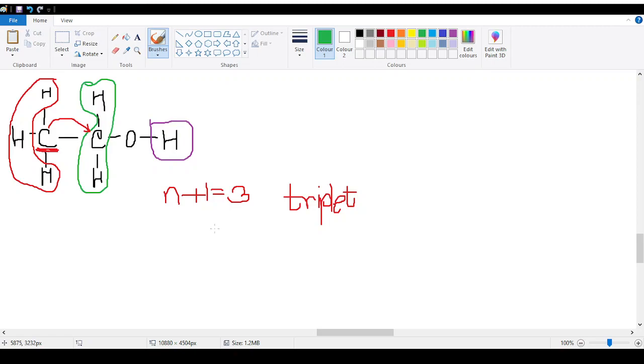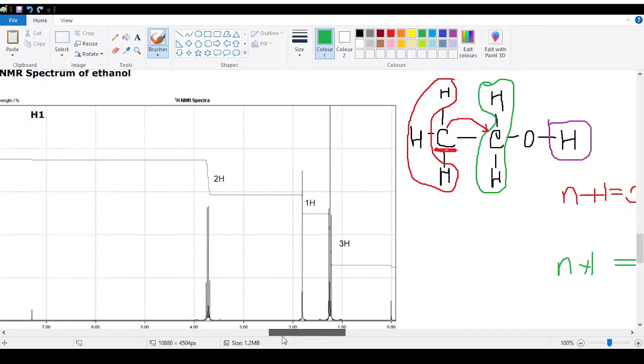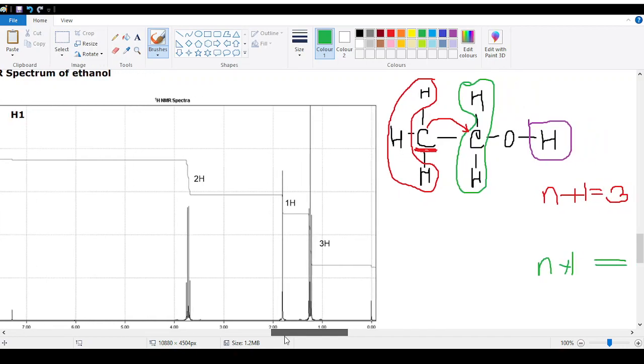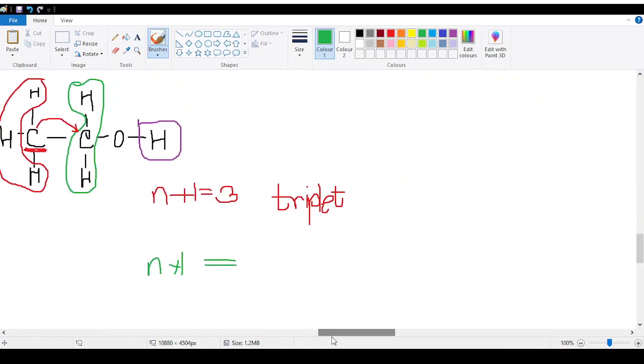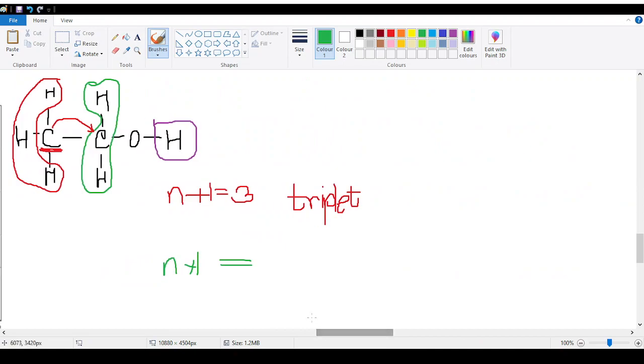If I do n plus one for the green color ones, how many neighboring hydrogen atoms are there? There's one with O and the other one with the first carbon. You are correct. But we will not consider the OH as a neighbor. Only the carbon neighbor. So three, right? Three plus one is four. So we can expect a quartet.